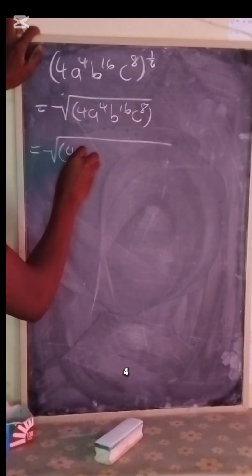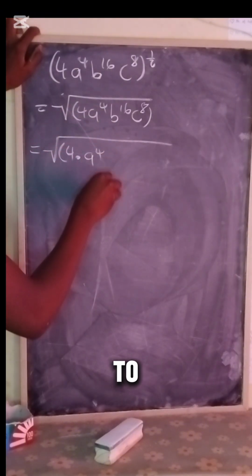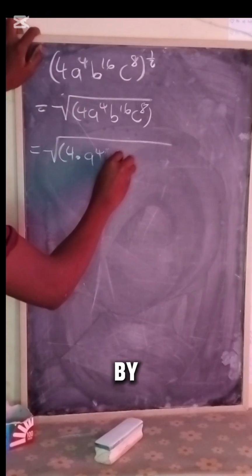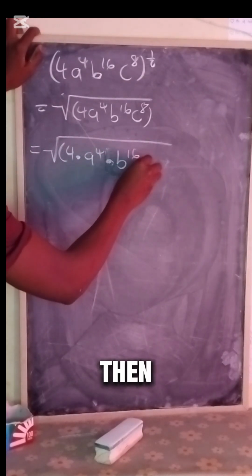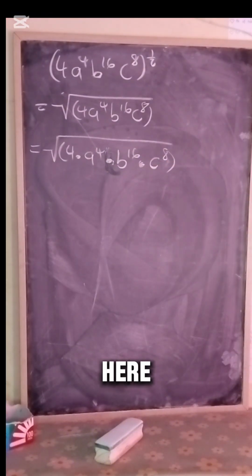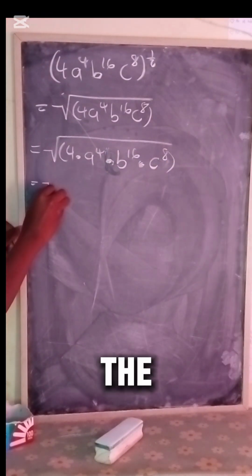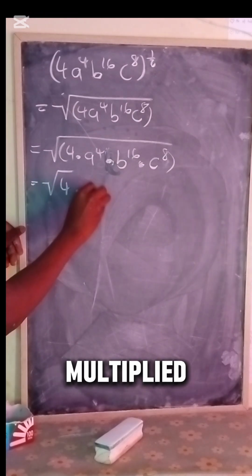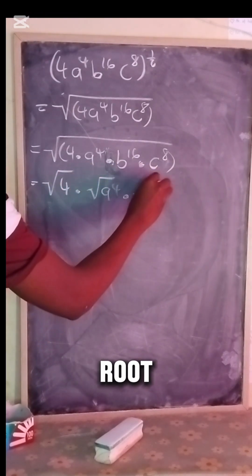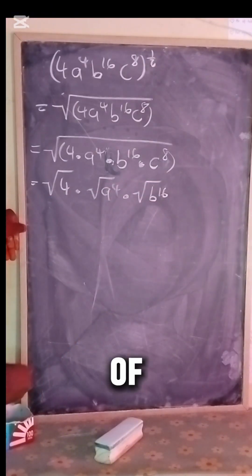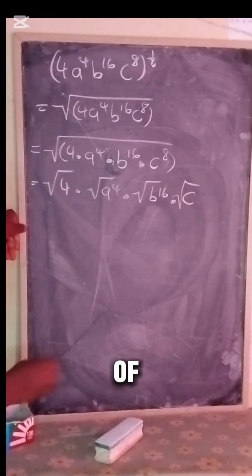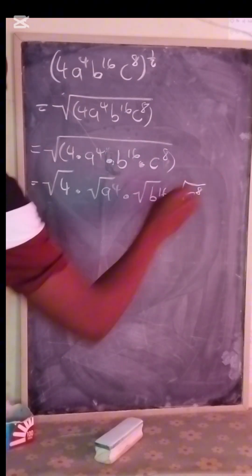You know that this is 4 multiplied by a to the power of 4, multiplied by b to the 16th, then multiplied by c to the power of 8. Then from here, it's going to be the square root of 4 multiplied by the square root of a to the power of 4 multiplied by the square root of b to the power of 16 multiplied by the square root of c to the power of 8.